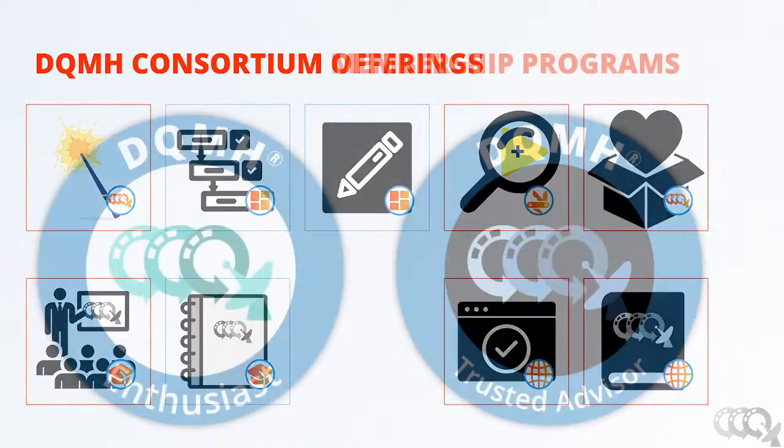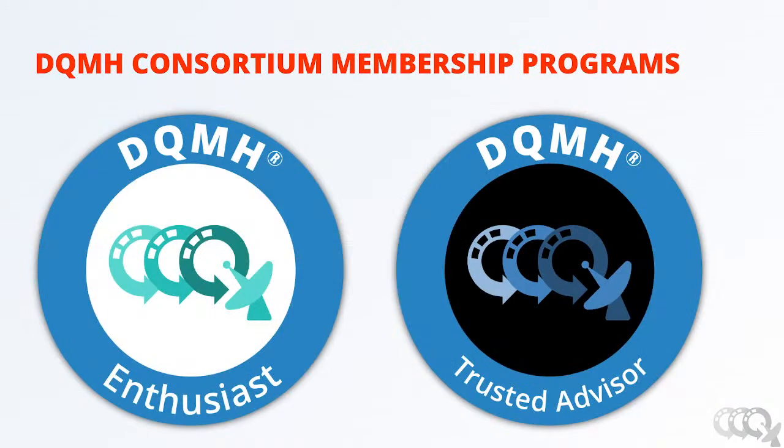And moving to the next and last slide, of course, many of you will be aware of our membership programs. We have two of those by now: the DQMH enthusiasts and the DQMH trusted advisors. The enthusiasts are slightly less externally involved than the trusted advisors, who are supposed to be first points of contact for customers seeking support with working with the DQMH Toolkit framework.